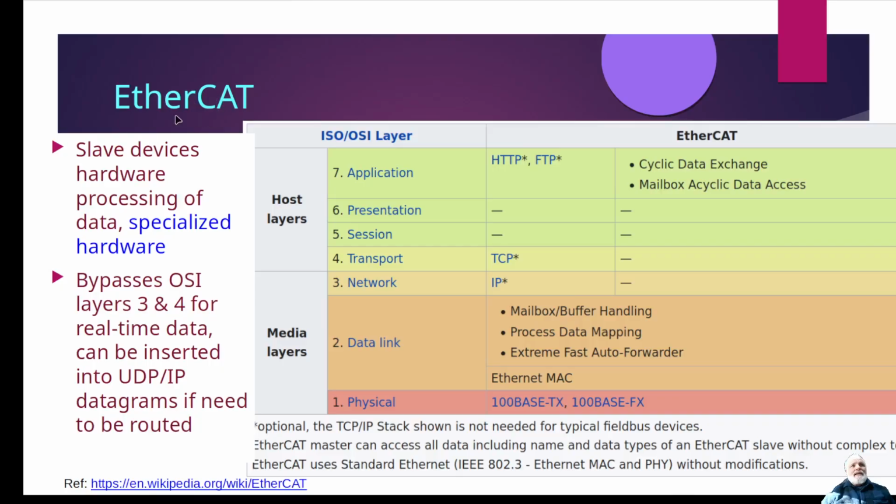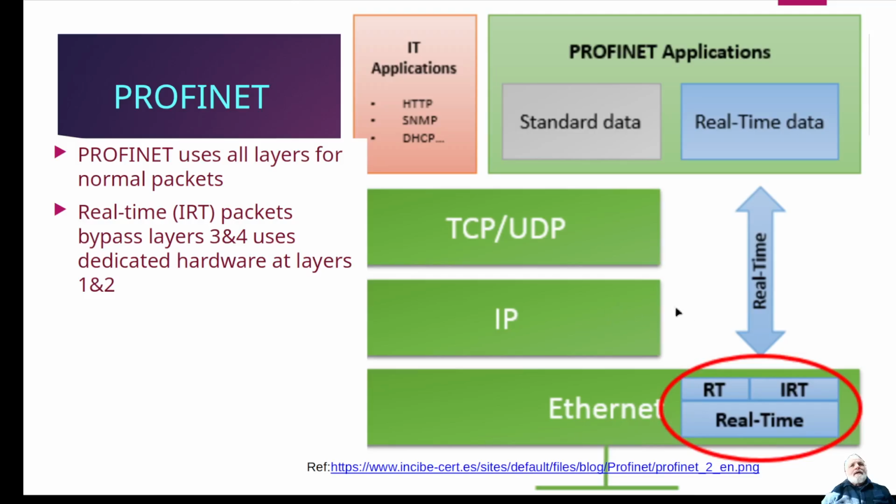So to do EtherCAT, to get it down into that 12 microsecond range, they had to actually modify the physical Ethernet switch to maintain the speeds they want. Profinet for real time does the exact same thing. It has this down here at the Ethernet layer.